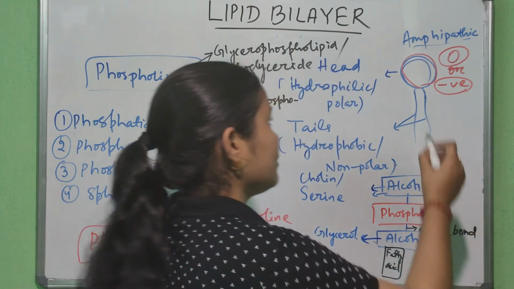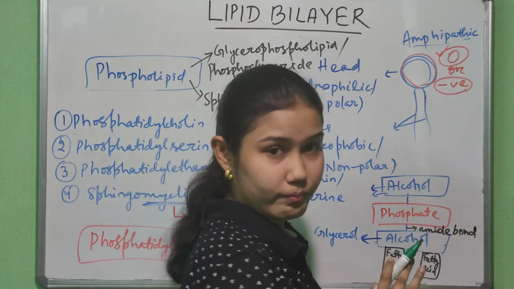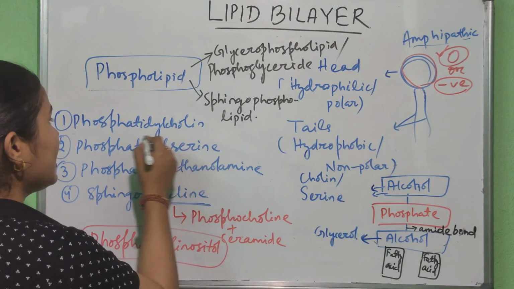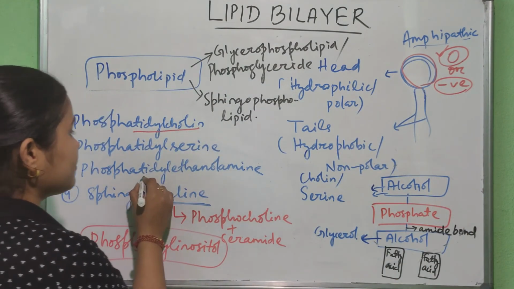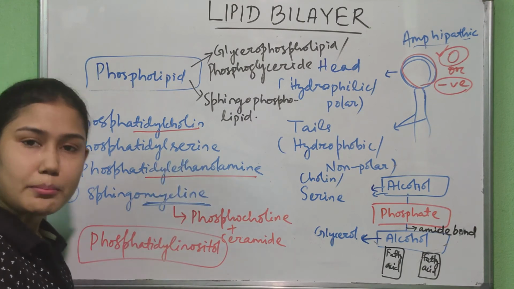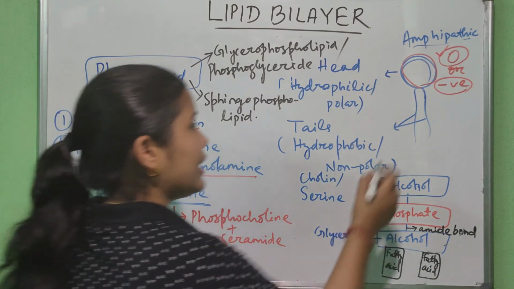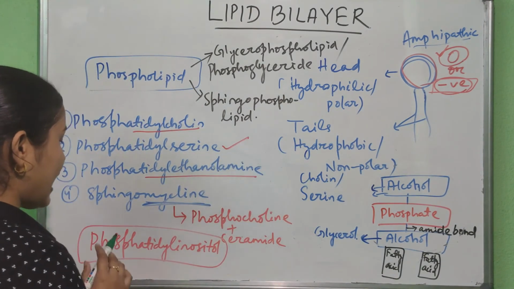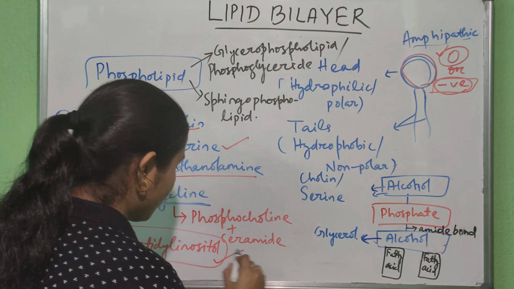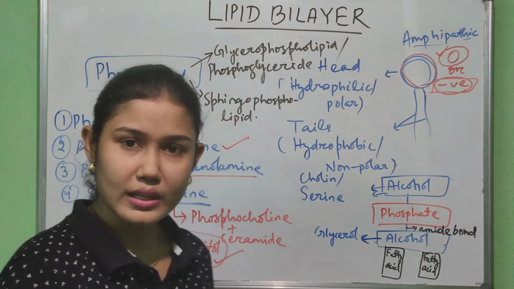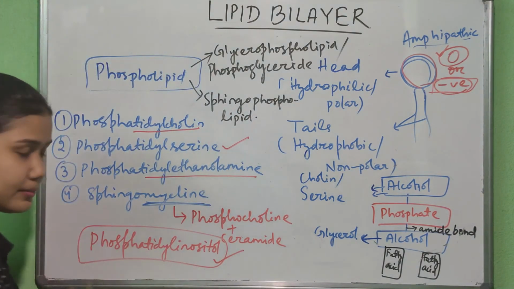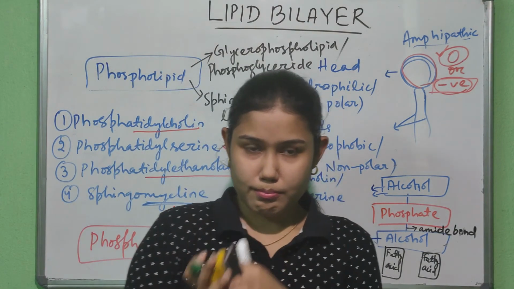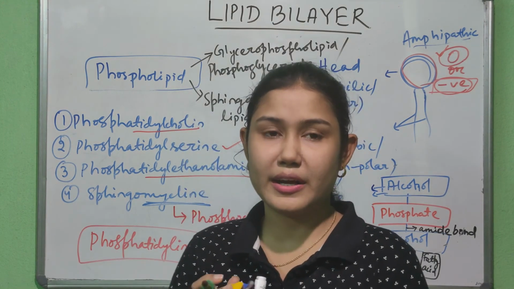When there is no net charge, that is due to phosphatidyl choline and phosphatidyl ethanolamine. And the negative net charge is due to phosphatidyl serine and phosphatidyl inositol. Clear?